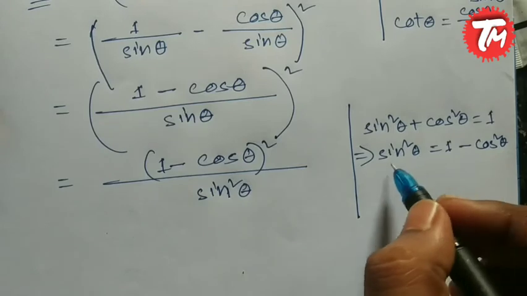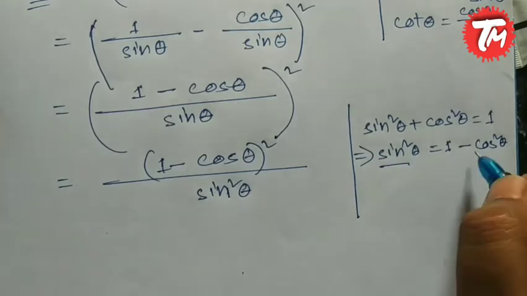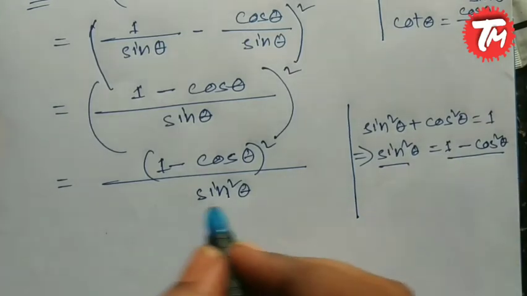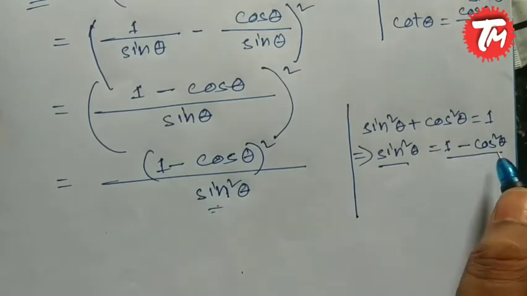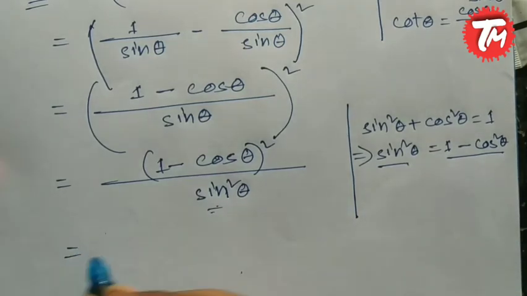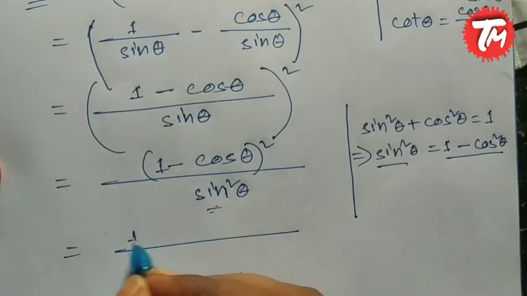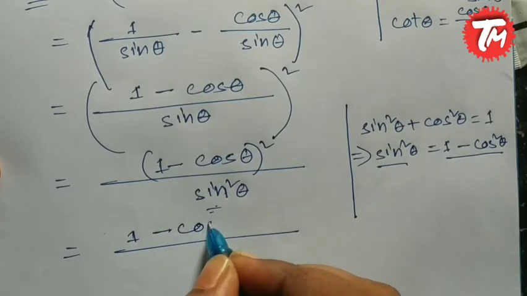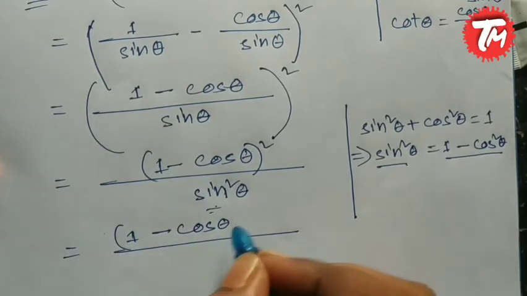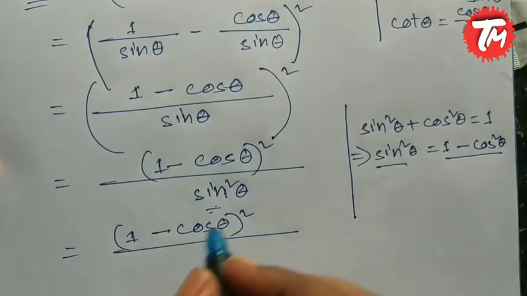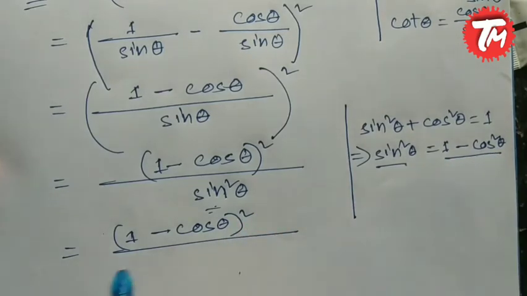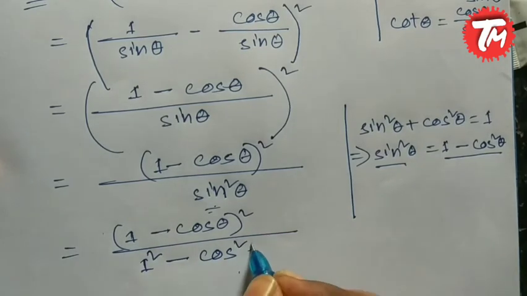So in the place of sin square theta we write 1 minus cos square theta. So 1 minus cos theta whole square divided by sin square theta means 1 minus cos square theta, that means 1 square minus cos square theta.